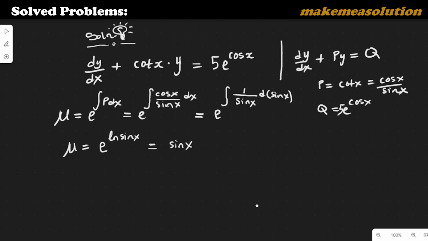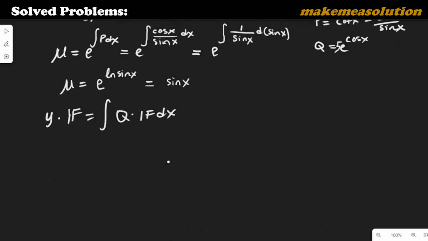Okay, sorry about that. I just needed to double check something again. So having gotten our integration factor, of course, straight to the formula. y times integration factor should be equal to the integral of q times integration factor dx.